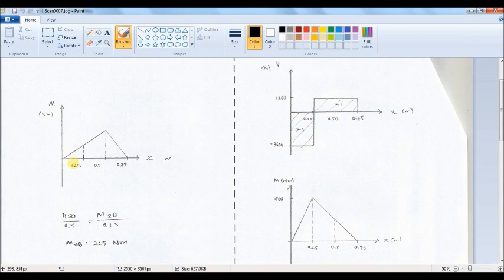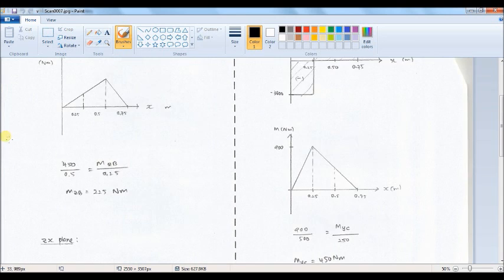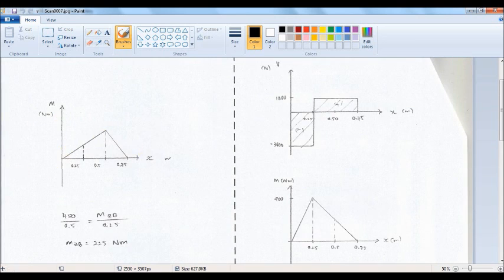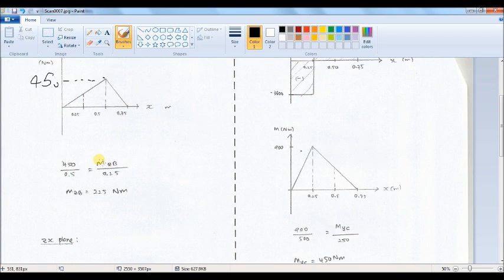Okay. Now I want to find the moment at location B in XY plane. So as you saw, we draw the moment diagram first, and here we had 450 Newton meter. Okay, to find the moment at location B, here is location B and here location C, I can use these two similar triangles.